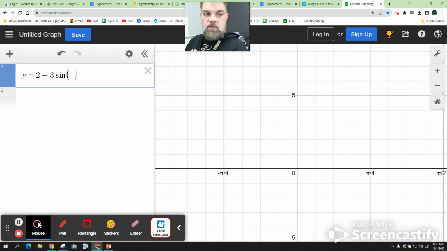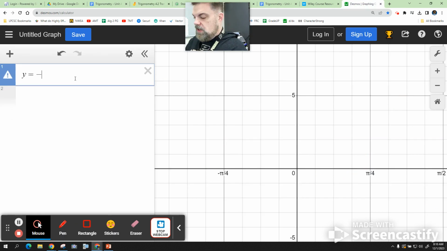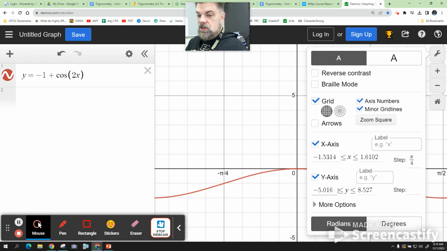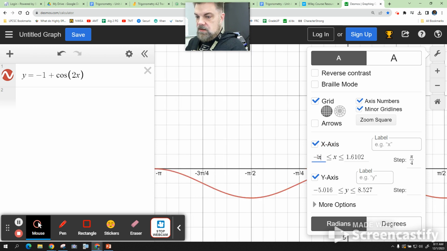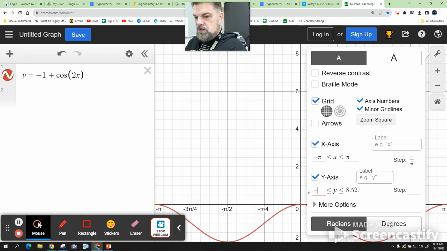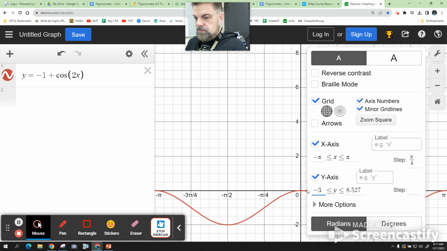So we're going to say -1 plus cosine of 2x. And then I'm going to come in here and I'm going to change the grid. We're going to go from negative pi to positive pi. And I'm going to change the y-axis from -2, actually let's make it -3, to 1.